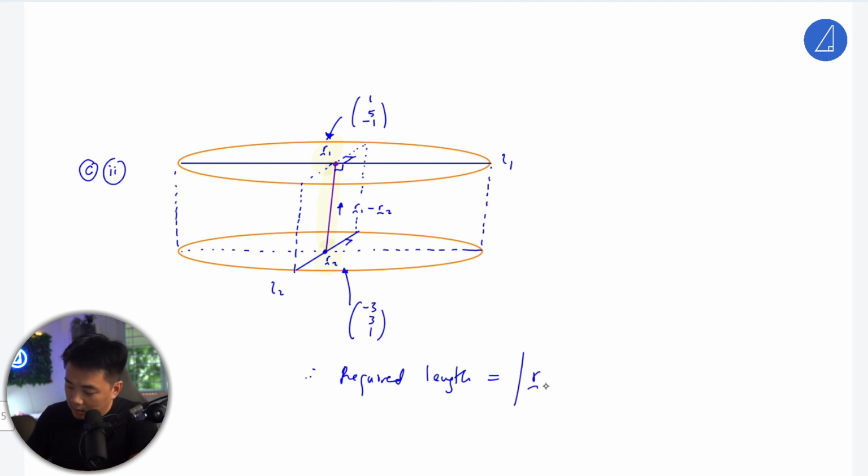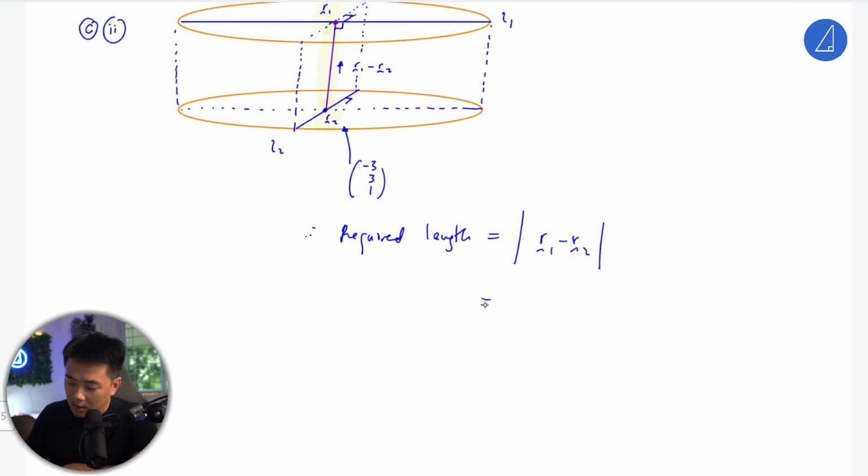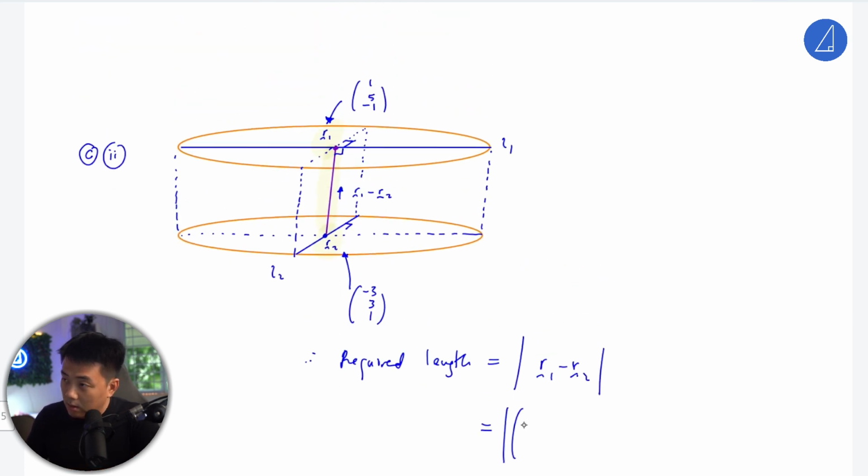So you just take R2 minus R1, doesn't matter which, or R1 minus R2, modulus. Then just take (1, 5, -1) minus (-3, 3, 1).